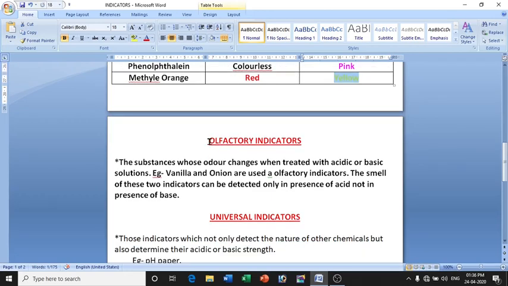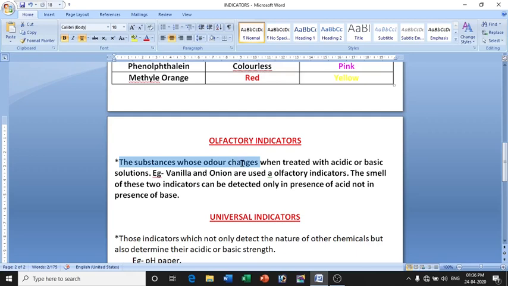Next, one more type we have is olfactory indicators. These are substances whose odor changes when treated with acidic or basic solution. For example, vanilla and onion are used as olfactory indicators.